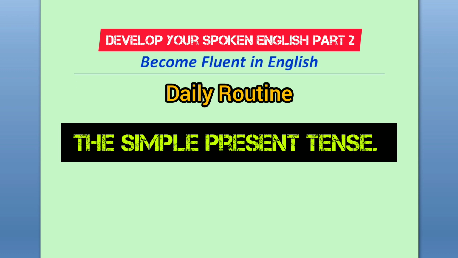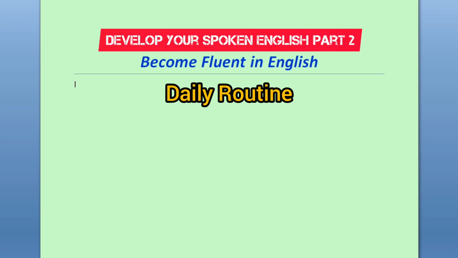I'm going to type some sentences here, 3 or 4 sentences, which will definitely help you to understand how you can use the simple present tense to practice. Your topic is daily routine. So as you see, you can start this way.